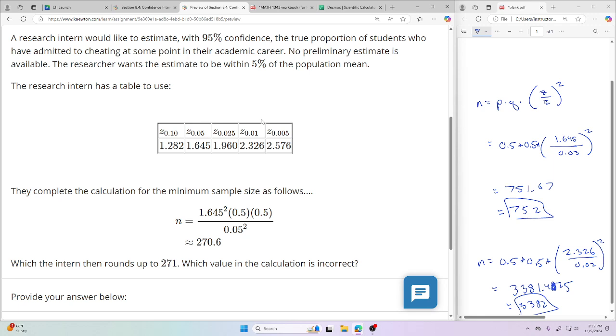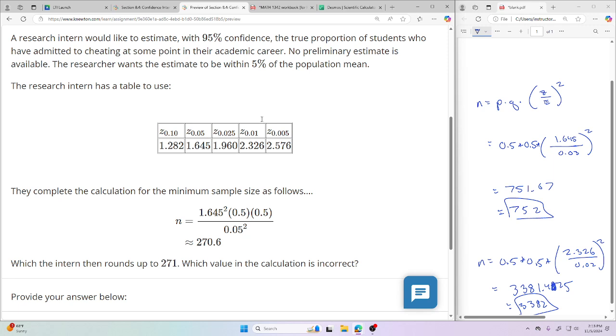Okay, so 95% confidence. The wrong Z-score. There you go. So yeah, 50-50, again, because we don't have any other information. 5%, 5%. So yeah, this right here, that is for 90. There's 90, isn't it? Is that the one for 90? And 90. So yeah, this is 90. This is 99. So basically, they used the wrong z-score, right?